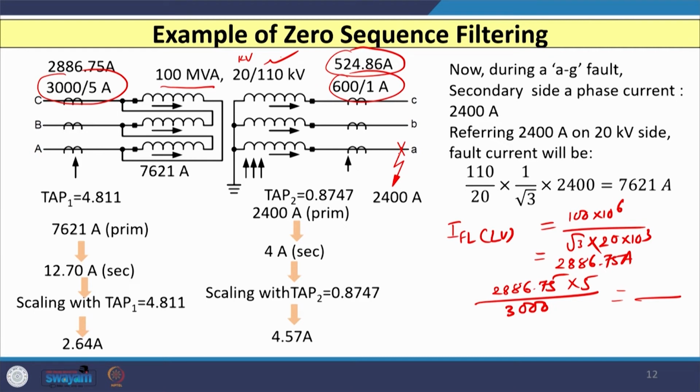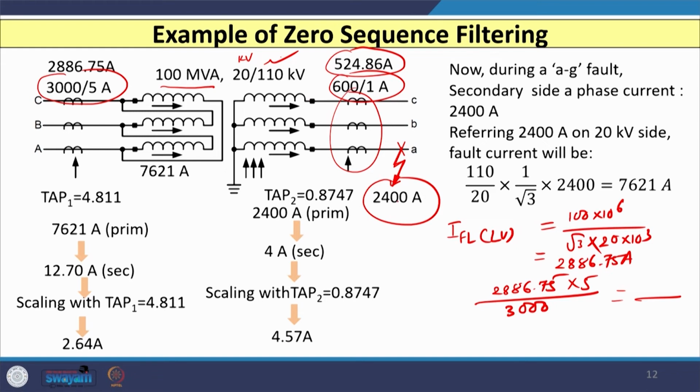Now, let us say that an A to ground fault occurs on the HV side, which is star grounded, with a fault current of 2400 ampere. Obviously, this current flows through the CTs connected on the HV side.